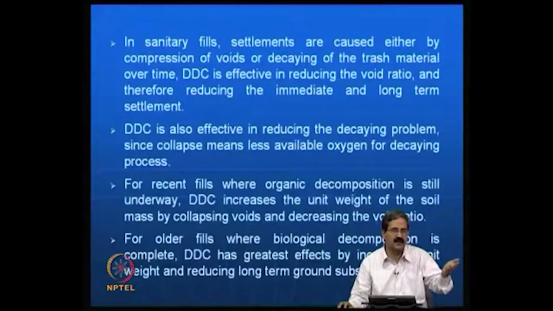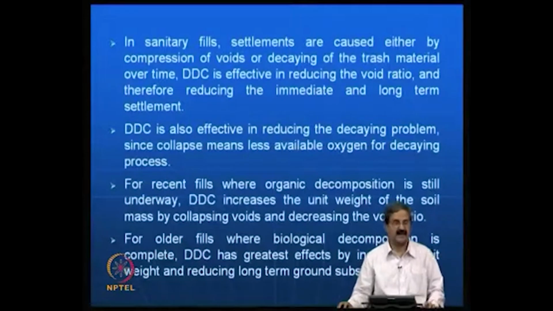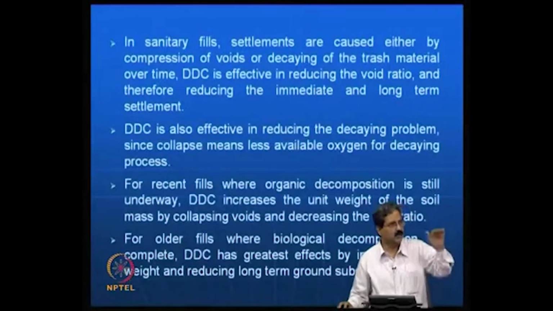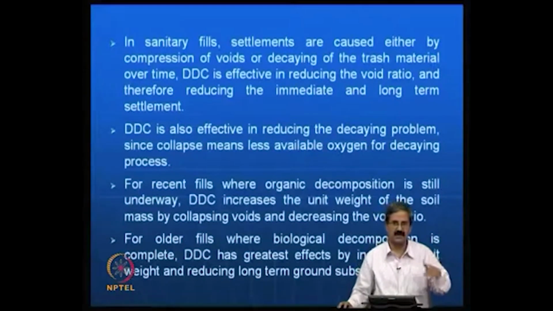For example, food waste decays very fast, but some other types of organic waste could be different. So the rate of biodegradation is something very tricky. As long as the materials are biodegradable, you have volume change. That volume change needs to be preempted: if you compact it, you have already compacted that much, so the post settlements will be much less.